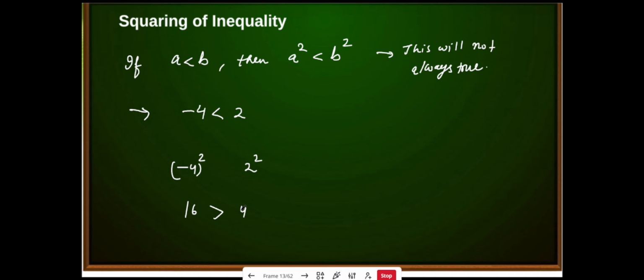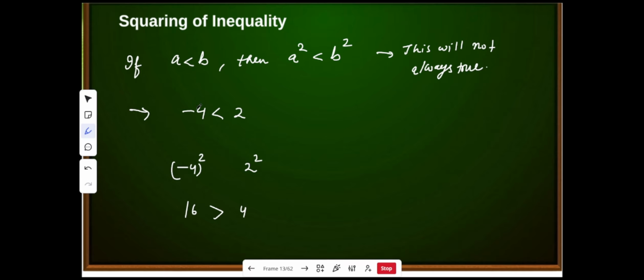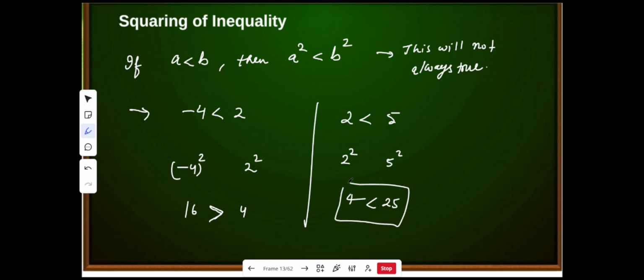So here by taking a square on either side of the inequality, it changes the inequality sign. But if we are taking one example like this, we are taking 2 less than 5 and taking a square on both sides, then we are getting 4 less than 25. So here the inequality sign is not altered.